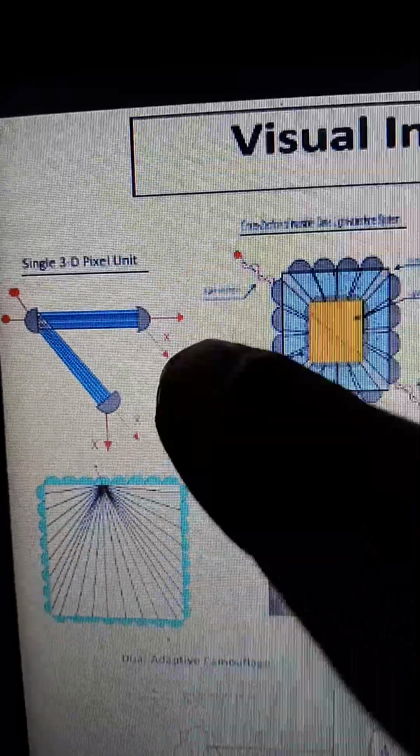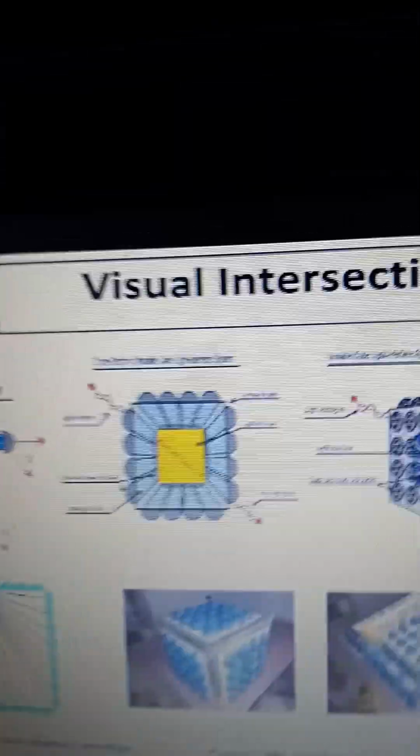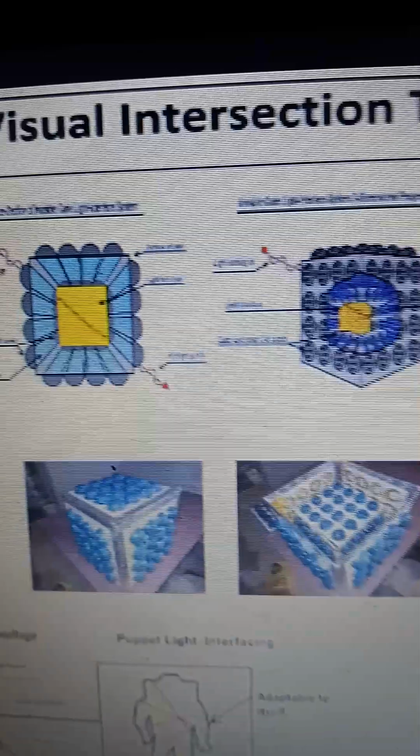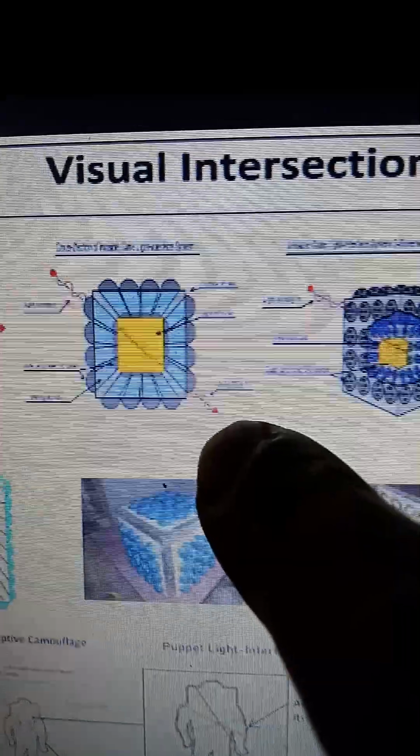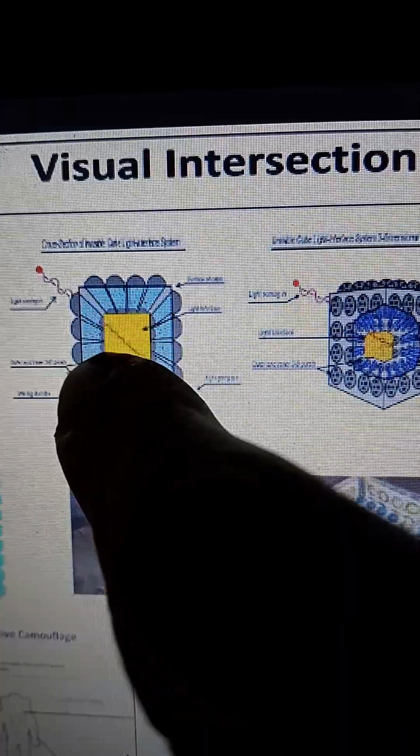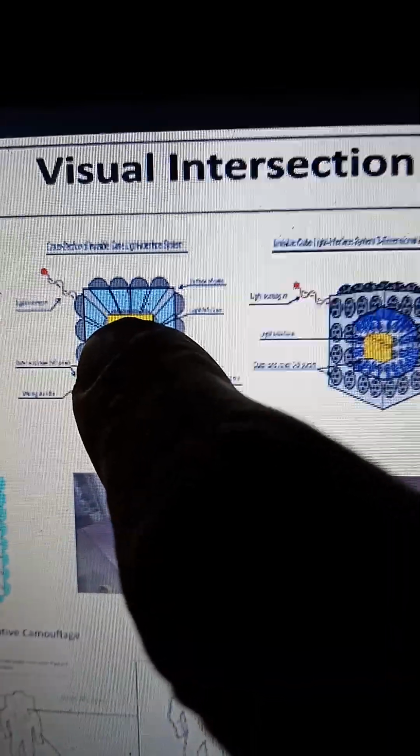But as a group of 3D pixel units, there's a synergy among them that produces all this group activity where they all interact with each other. This is a single pixel unit.